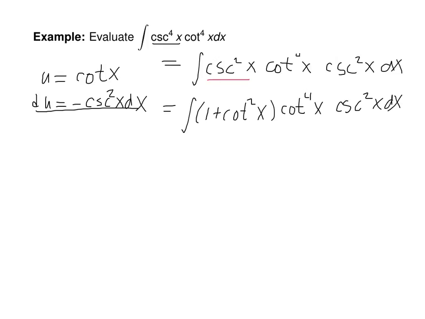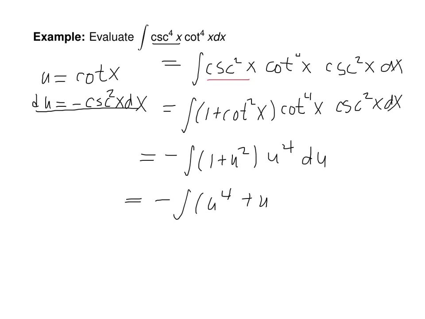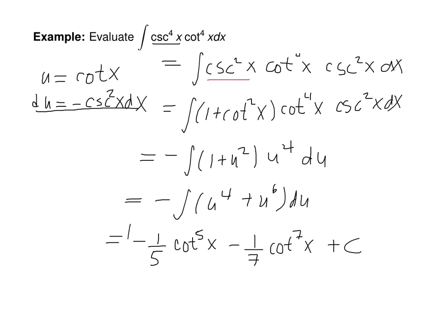And now we make our u substitutions and we have negative the integral 1 plus u squared times u to the 4th du, or negative the integral of u to the 4th plus u to the 6th du, which will be negative 1/5. Put back in what u is, cotangent to the 5th x, minus 1/7 because that negative distributes, cotangent to the 7th x plus c.